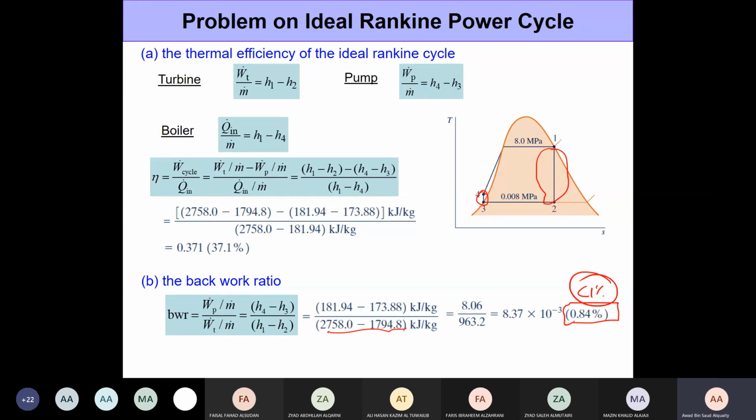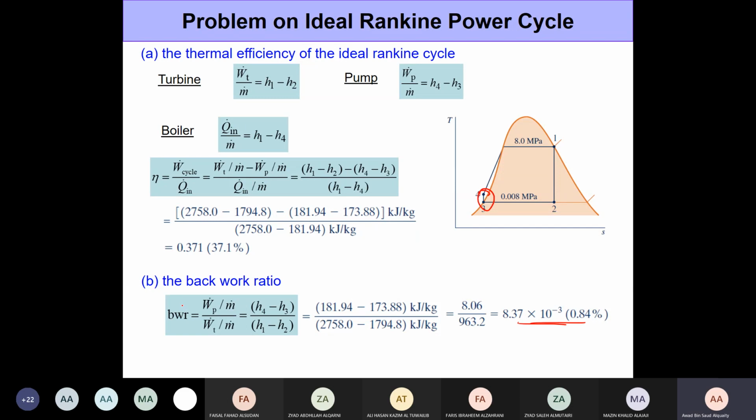When we go to the Brayton cycle where you have to compress a gas, you will see that this ratio is about 40% or higher. So it varies from cycle to cycle, depending on what you're doing with the working fluid. But whenever we consider a Rankine cycle, where you're compressing a liquid, this ratio is going to be pretty small, and this is one of the advantages of this sort of a cycle.